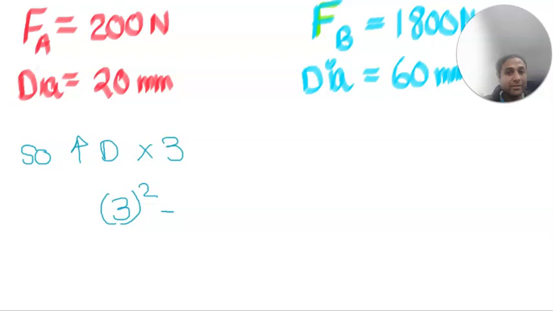So I've increased the diameter by 3 times. Actually, I need to square it. When I square that, it's 9, and this is what you need to multiply with. 200 times 9 will give you an answer of 1800.